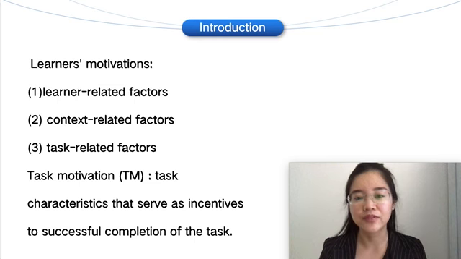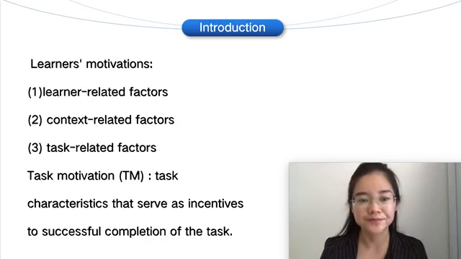So task motivation refers to the task characteristics, including the task types, the task structures, etc., that serve as incentives to successful completion of the task. Actually, the learner's motivation varies with different types of tasks and their moment-to-moment task interaction processes.